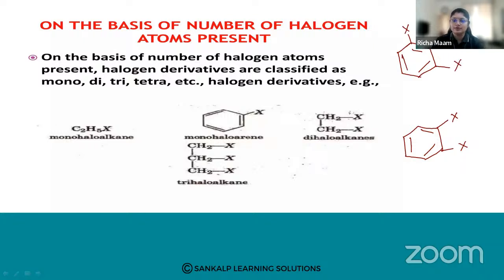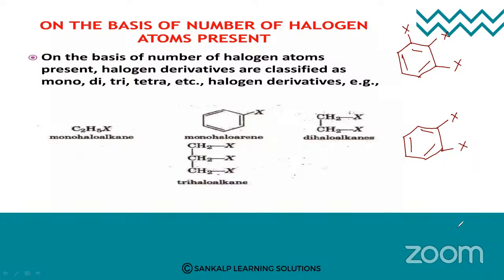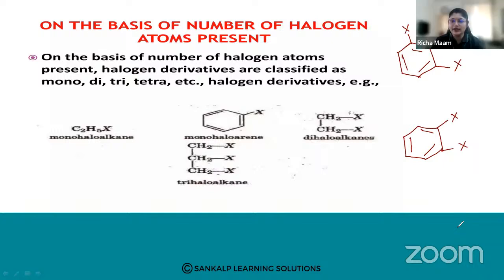Here, monohaloalkene. Yes, trihaloalkene. Trihaloarene. Okay, it is a trihaloarene, so this is a trihaloarene system. And this is a dihaloarene.